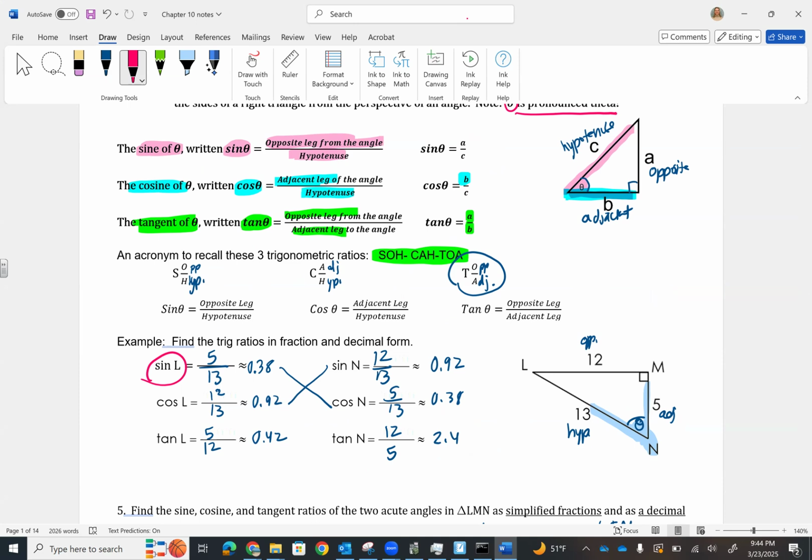So sine from, in this case, n's perspective would be the opposite leg over the hypotenuse. So it'd be 12/13. Cosine would be the adjacent leg of that angle over the hypotenuse. And tangent would be the opposite over the adjacent. So you need to know SOHCAHTOA and then how to write those fractions.